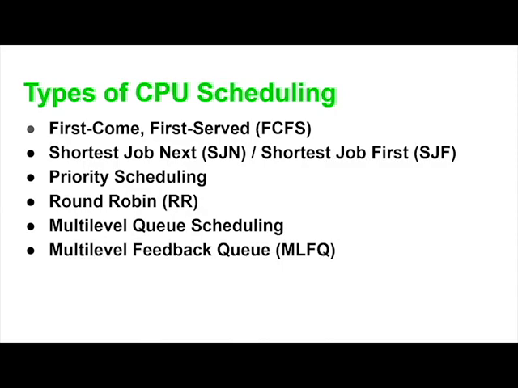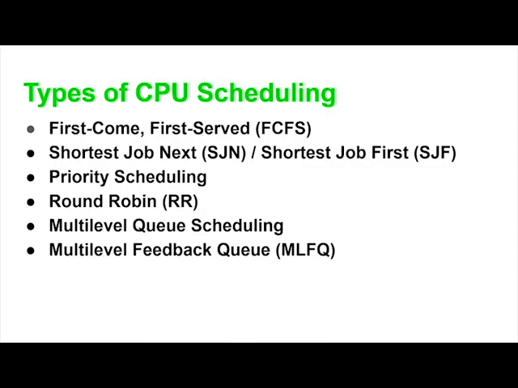Each group has its own scheduling algorithm. The pro is that it optimizes efficiency for different types of tasks. The cons are that it is less flexible and it is hard to move processes between the queues.